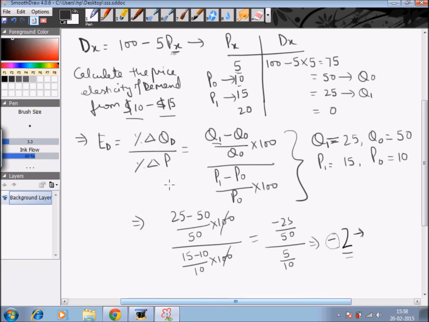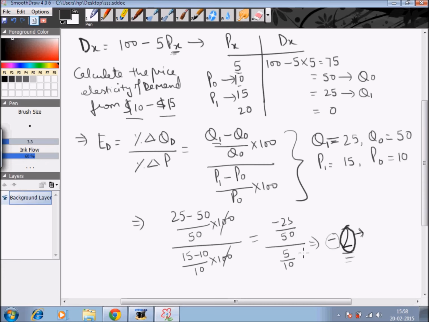Now what do we exactly find out by calculating the price elasticity of demand of a commodity? Like we got the answer as 2. What does this mean? This basically means that for an increase in price of the commodity X by 100%, the quantity demanded of commodity X will fall by 200%.